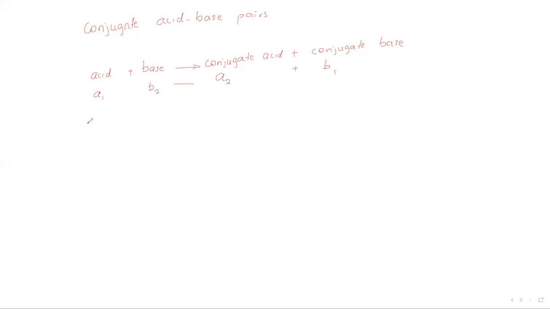You can have, for example, ammonia, NH3, plus a proton there. That gives you the ammonium ion. By definition, this has accepted the proton.